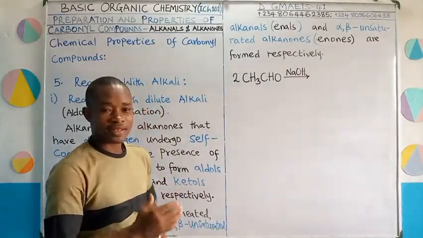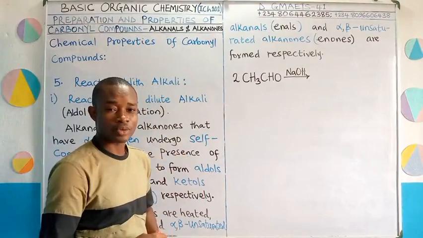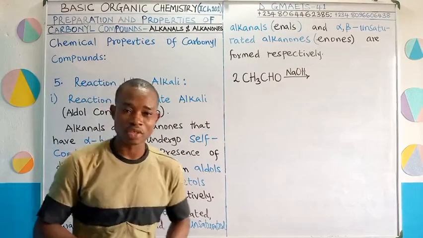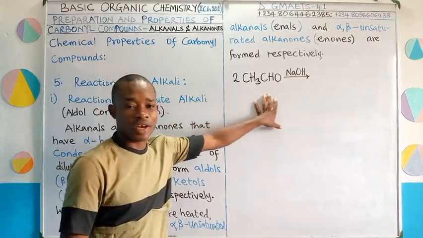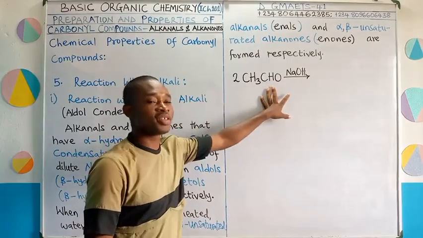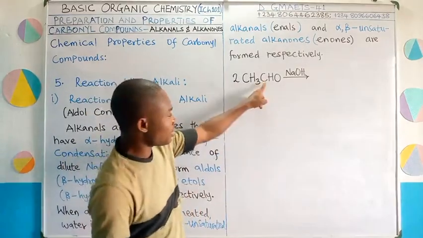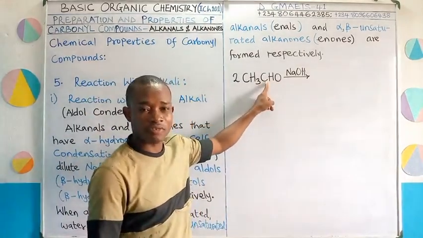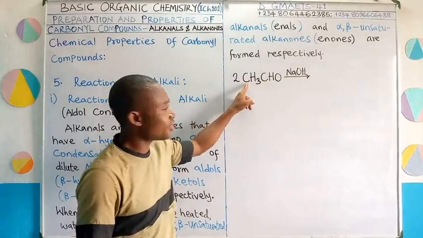Now follow along as I show the chemical reaction of carbonyl compounds in this Aldol condensation process. Here on the board, I have this alkanal. This alkanal is ethanal. There are two molecules of it. Now you notice that in this CHO, this C is the carbon of the functional group. Attached to this carbon, we have this CH3.